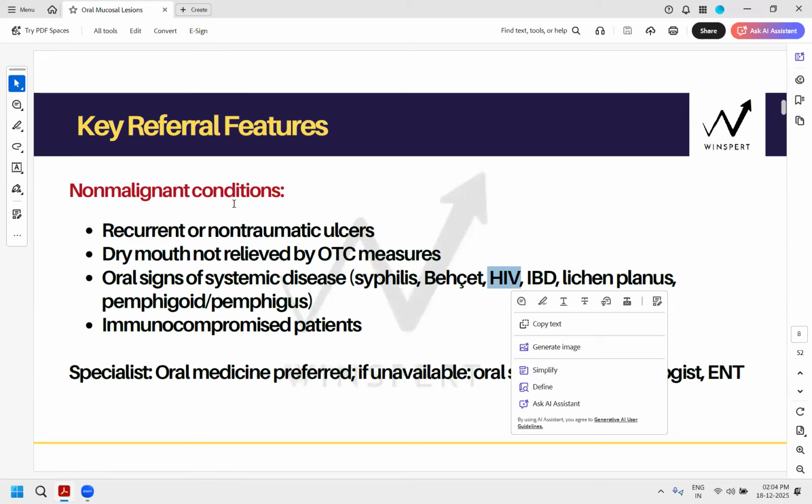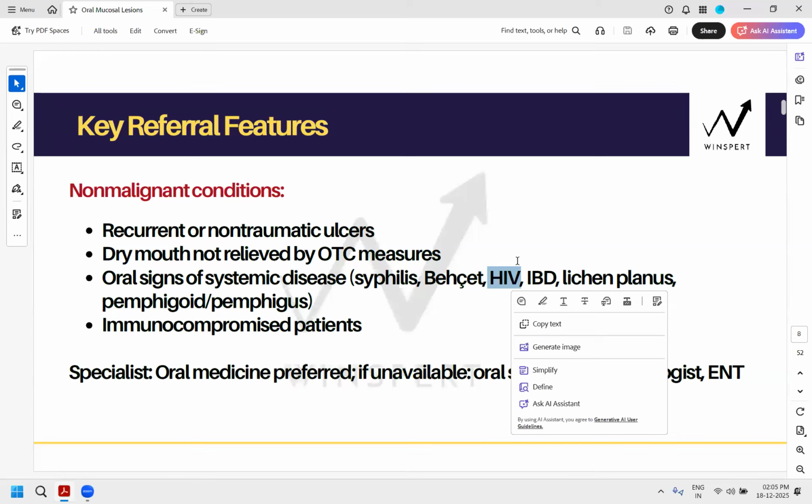Everybody got it or not now? And that is not under your potentially malignant disease conditions, please. HIV related conditions are not potentially malignant conditions. Jasmine, you also confused oral hairy leukoplakia and oropharyngeal candidiasis with potentially malignant. Now you would never forget that they are non-malignant conditions but requiring specialist referral because they are oral signs of systemic disease like HIV.